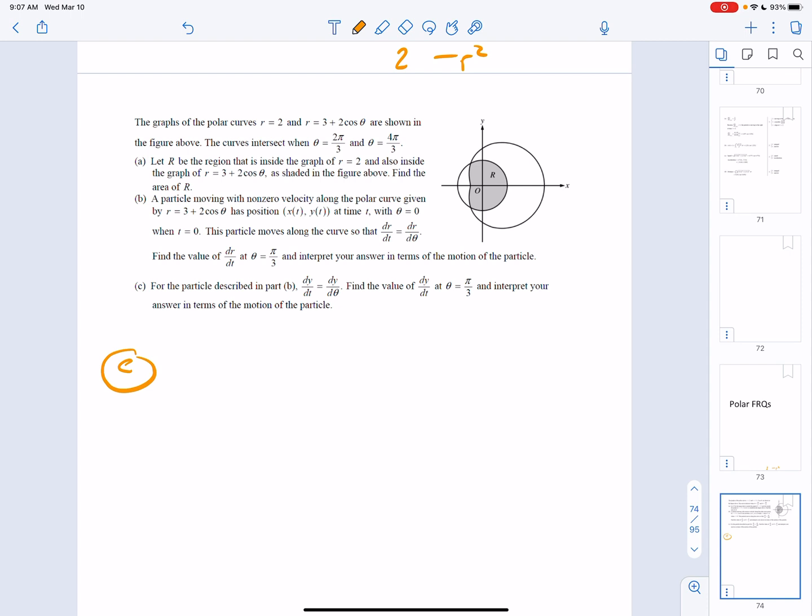Okay, so we have a y involved. So I know that way back y is equal to r sine θ. Okay, and I know that r in this case is 3 plus 2 cosine θ. So I'm going to plug that in.